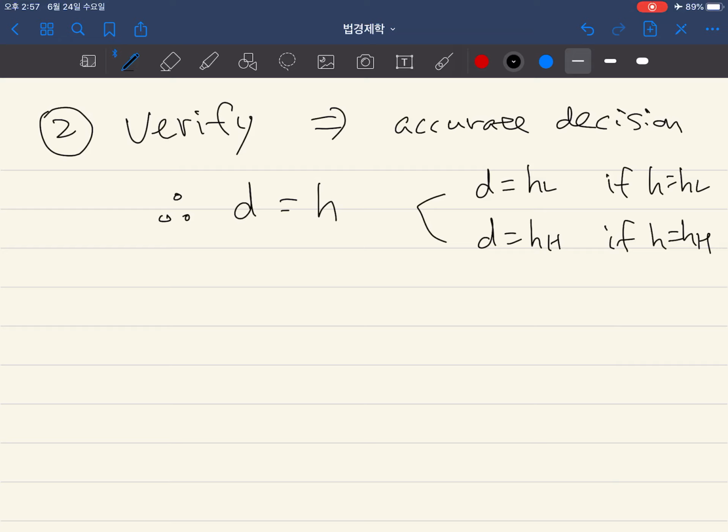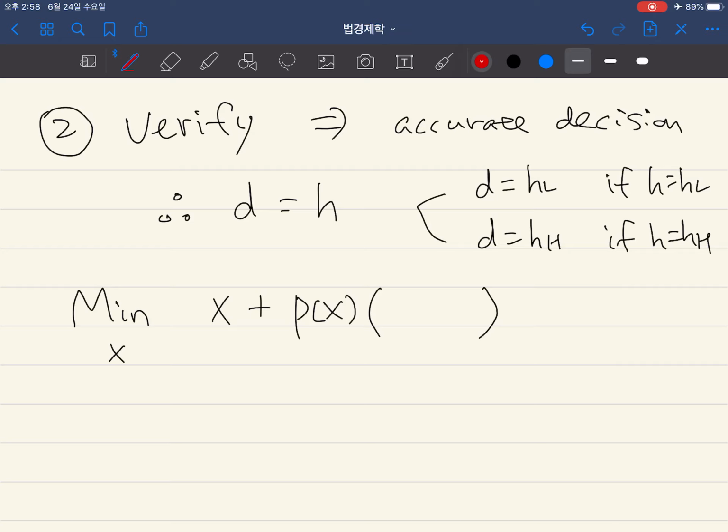So in this case, let's think about the defendant's problem. The defendant wants to minimize his expected cost. The defendant's cost is first the care cost. And if something goes wrong and there is an accident, the defendant has to pay a certain amount of money. So what is this expression?